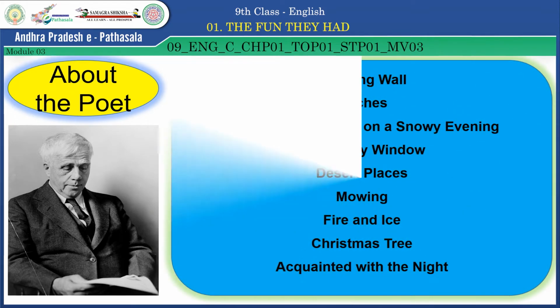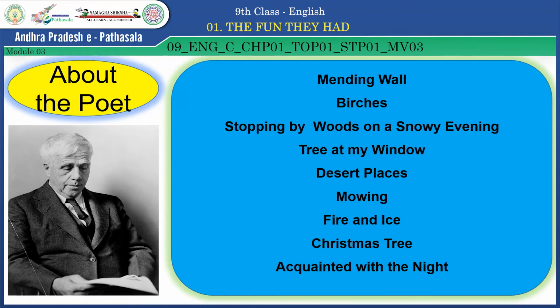Mending Wall, Birches, Stopping by Woods on a Snowy Evening, Tree at My Window, Desert Places, Mowing, Fire and Ice, Christmas Tree, Acquainted with the Night are some of his famous poems. Children, be familiar with all these poems.